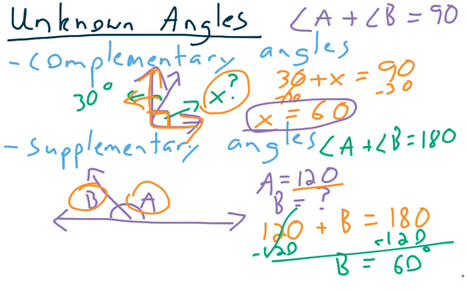That's what we do if we get problems where we don't know the angle measurements. If they give you a word problem and say these angles are supplementary or complementary, and we know this one but don't know the other one, that is how we'd solve it. We basically just subtract from 90 or subtract from 180.